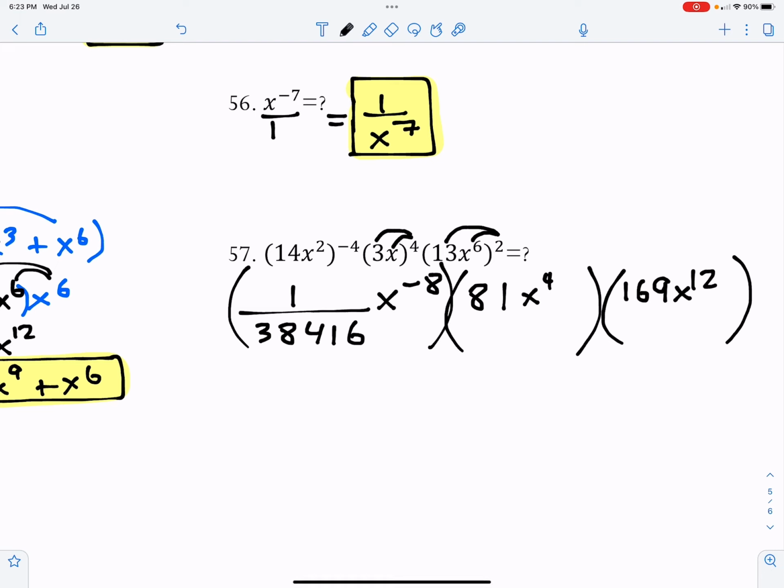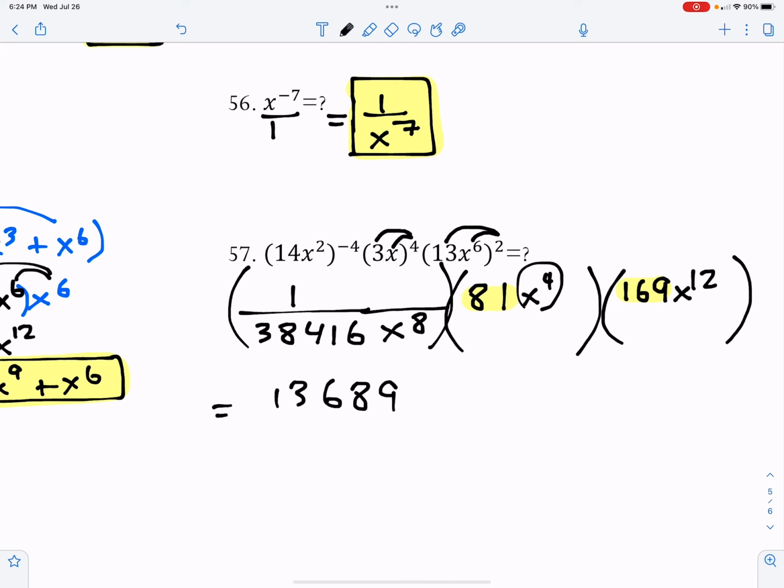Okay, so let's kind of clean this up a little bit. Number 1, I can take this and write it as a positive exponent down below. So instead of writing x to the negative 8, I can bring it down here and write it x to the positive 8. So on top, if you look at what I have, 81 times 169. So let's start there. 81 times 169 is 13,689, okay?